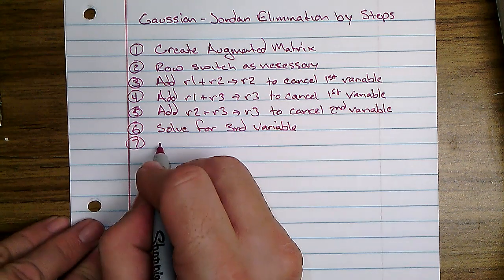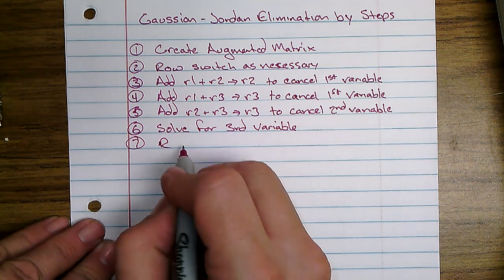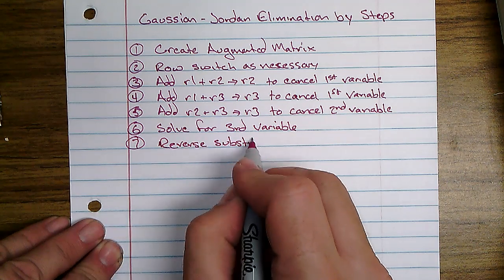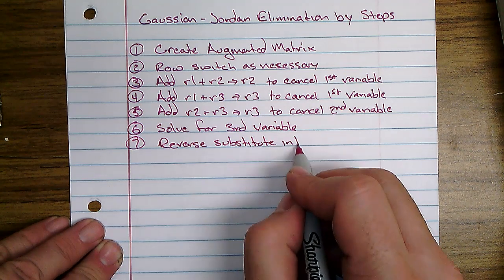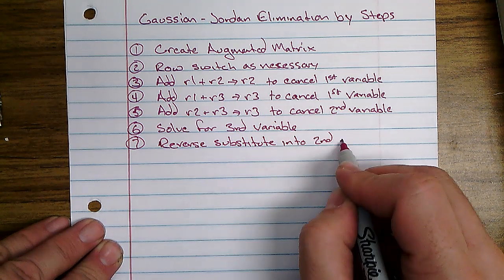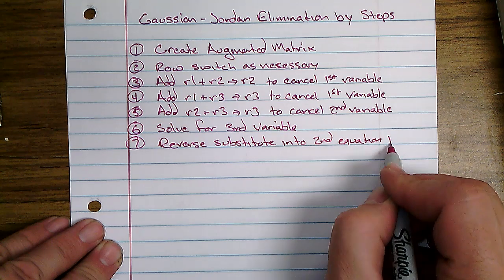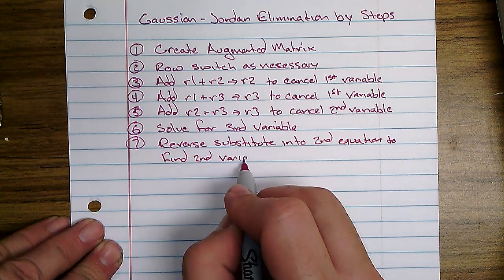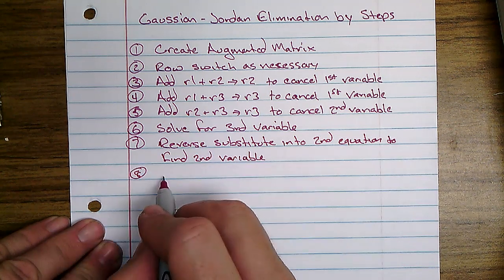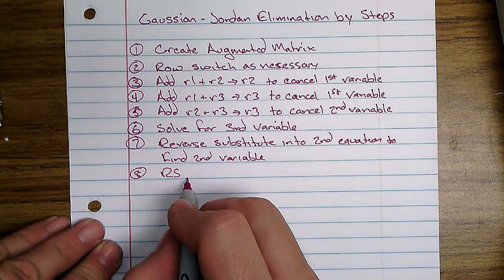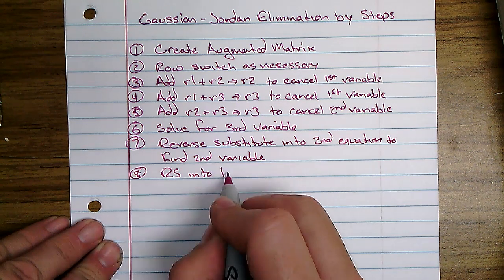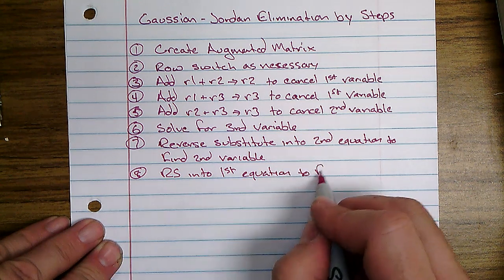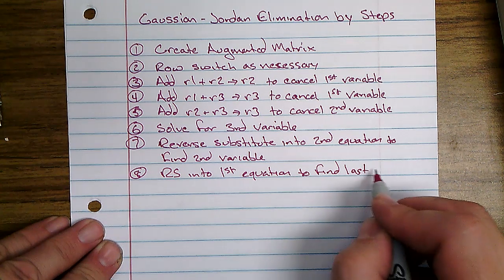And then step 7, reverse substitute to find our other 2, into the second equation. And then do the same, reverse substitute into the first equation to find our last variable.